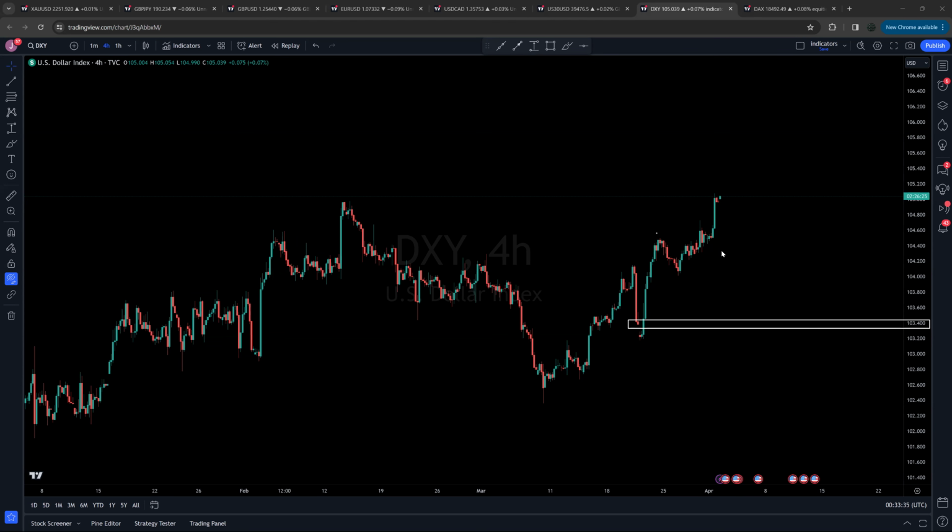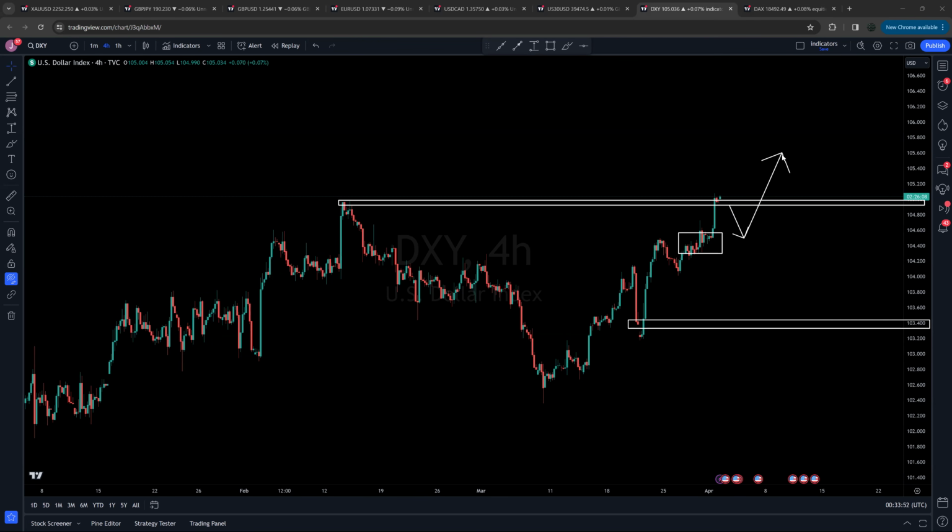We can see a bit of an accumulation that occurred here before having the breakout with PMI data today. And we just have this area of interest with this local resistance here to the left. Now, just in terms of near-term price action, even if we get a pullback to this liquidity zone into the 104.4s or just continue higher, dollar's still looking pretty bullish.